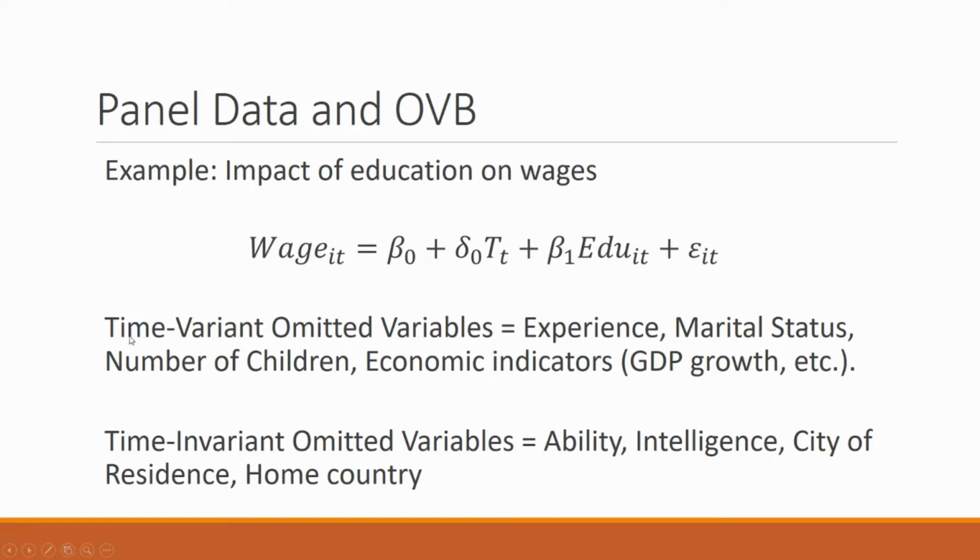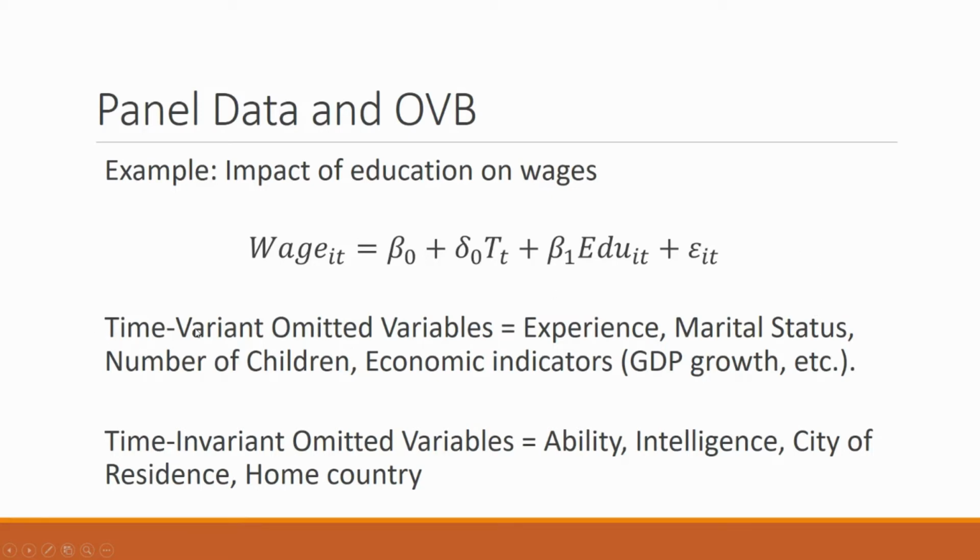Now notice here I'm saying time-invariant omitted variables. I could also say unobservables, but right now I just want to specify the distinction between time variant and time invariant, and recognize that in this particular regression there are a lot of omitted variables in this error term. They may or may not be observed.